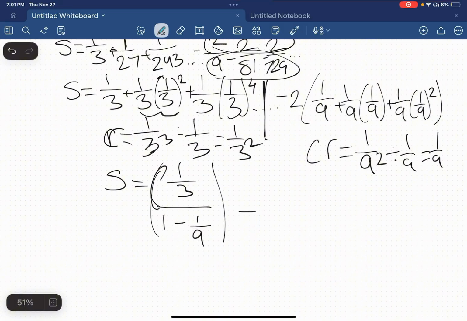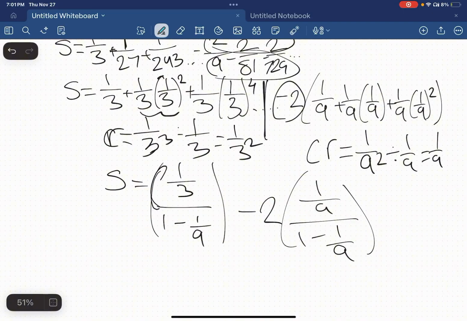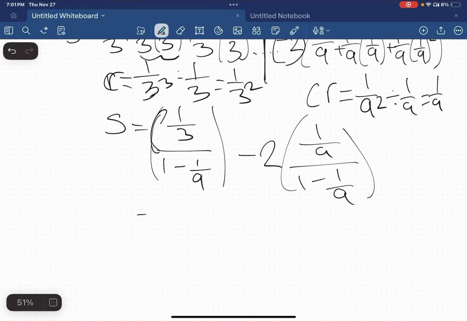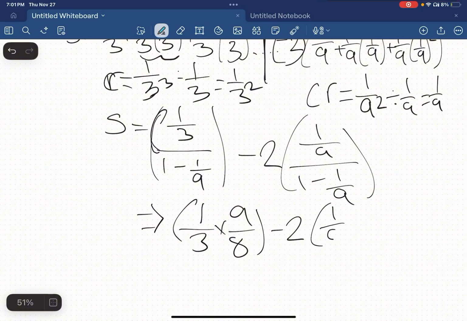Then our second one, remember we have a 2 here, so we have to consider that in there. U1 is equal to 9, and that's going to be subtracted 1/9, just like that. And now, doing some math, I'll actually show how this plays out. 1 divided by 3 times 9/8 is 2. 1 divided by 9 times 9/8.